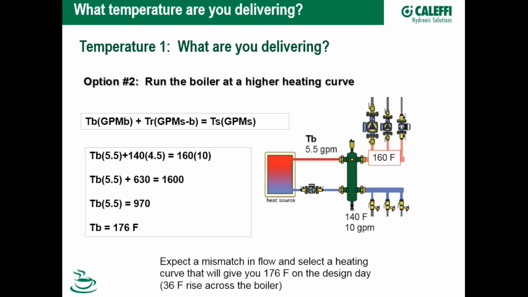So if I work the numbers through, I end up with 176 degrees Fahrenheit. So from a design standpoint, I need to run the boiler hotter to drive the proper temperature out to the system. Okay.